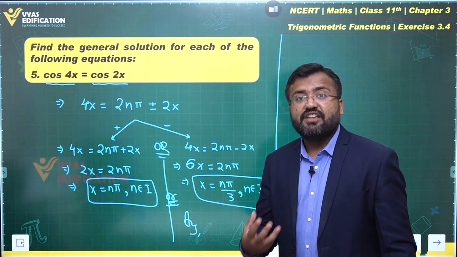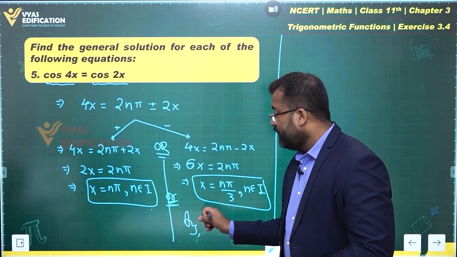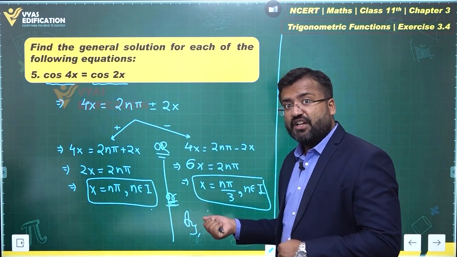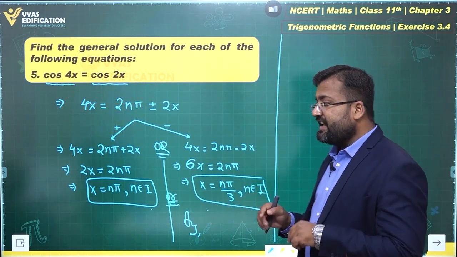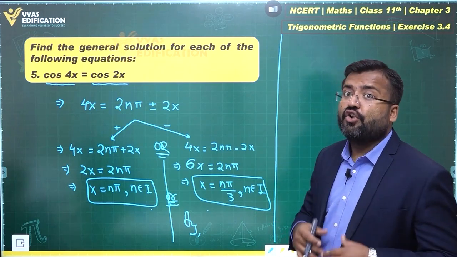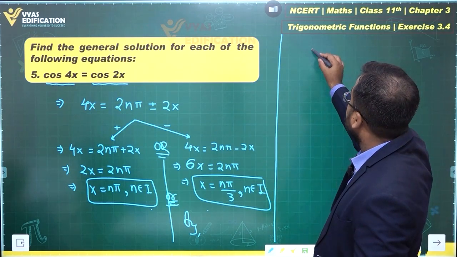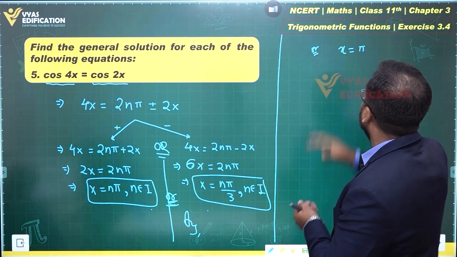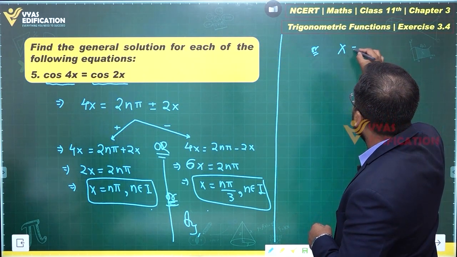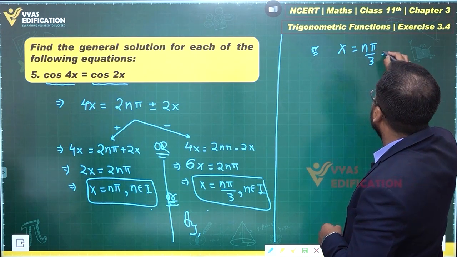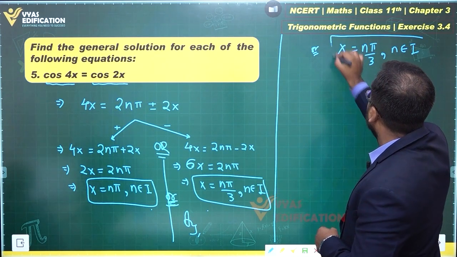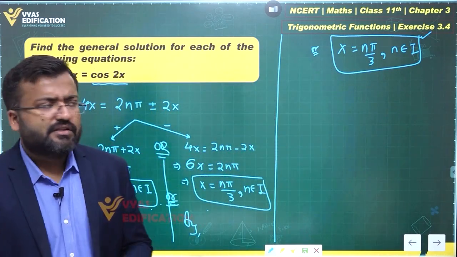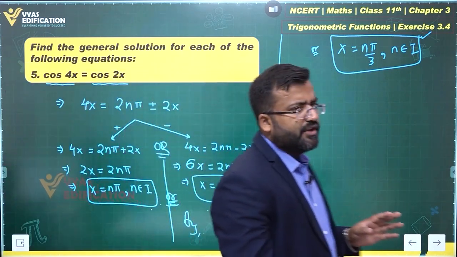But then on analyzing further, we realize that this is a superset, and taking the union will actually give me only this set. So the final answer can also be written as x equals n pi by 3, where n belongs to integer, because this will be included in that without any worries.